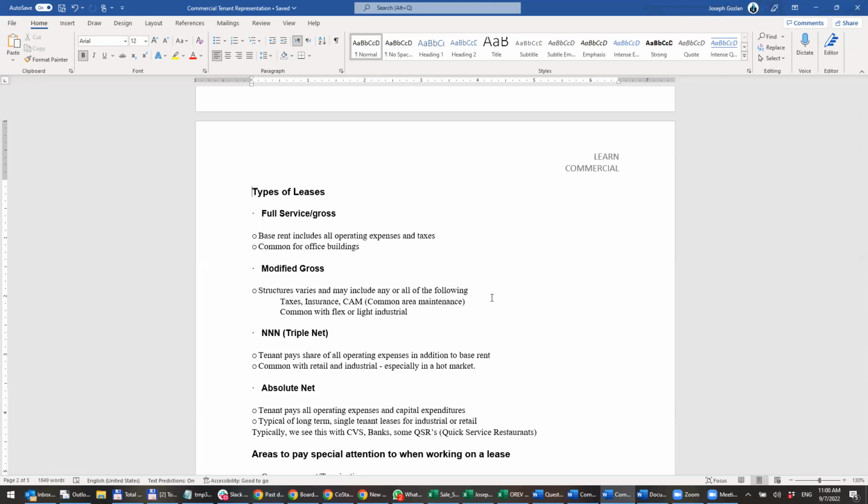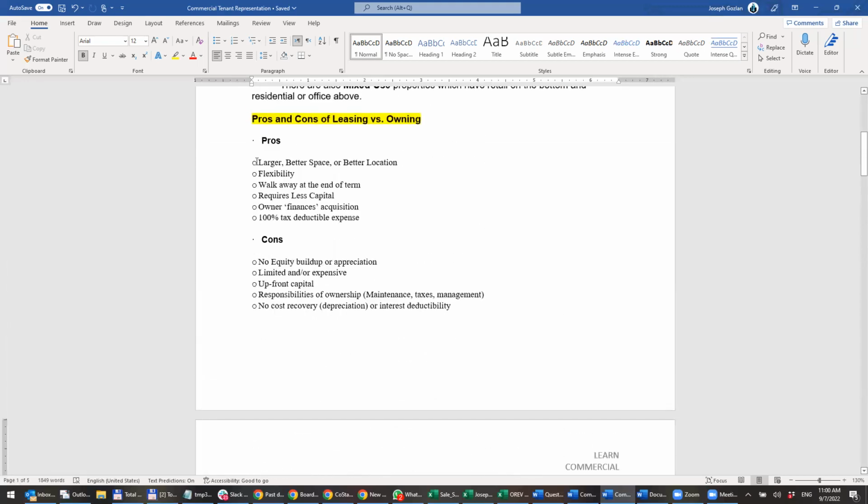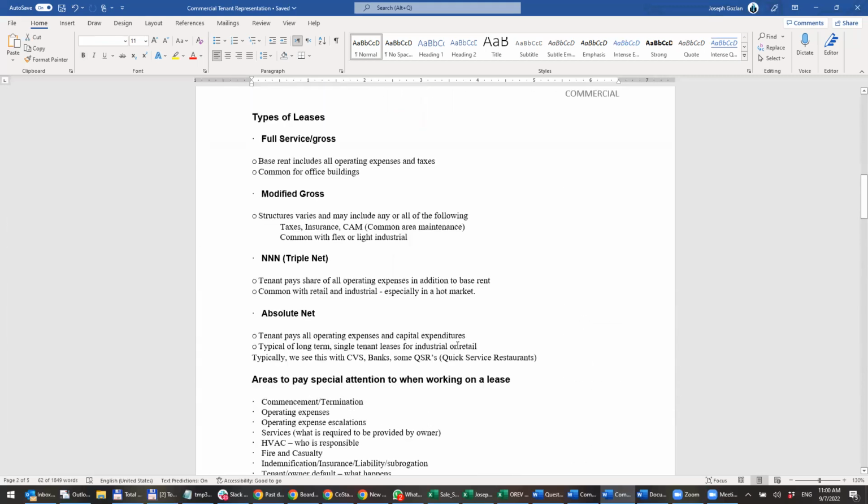And an SBA loan can get them almost 80-something percent LTV, loan to value, on that property, which really makes the conversation of buying versus leasing a very critical conversation.